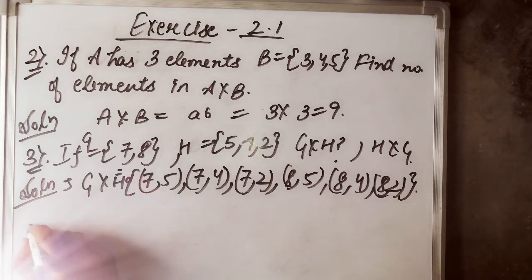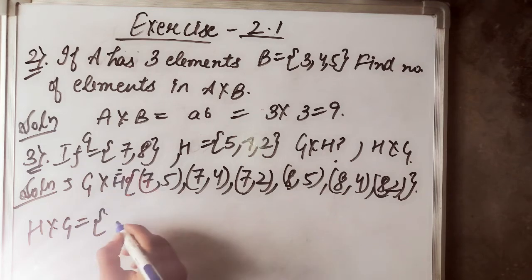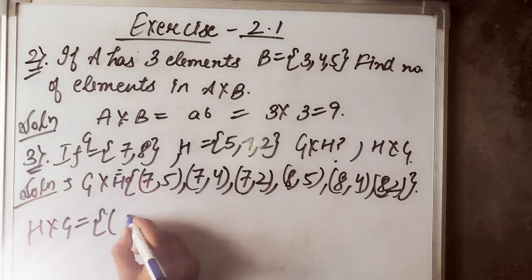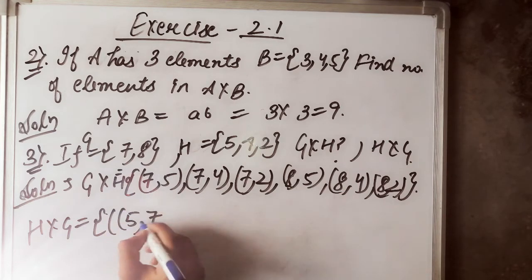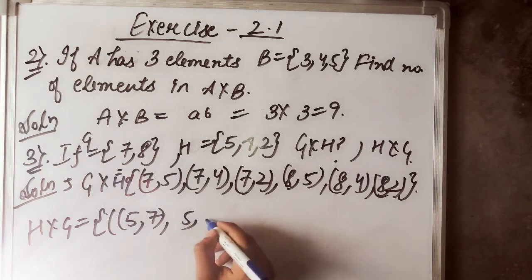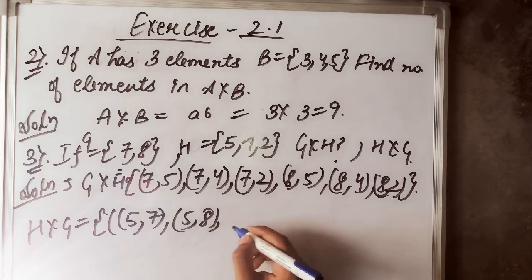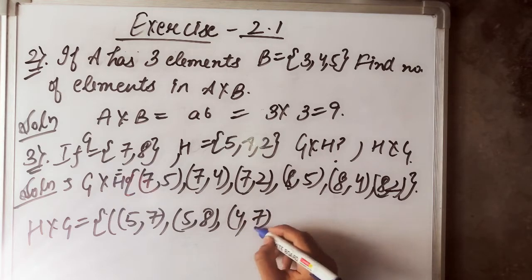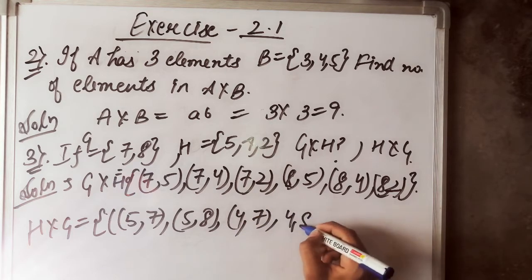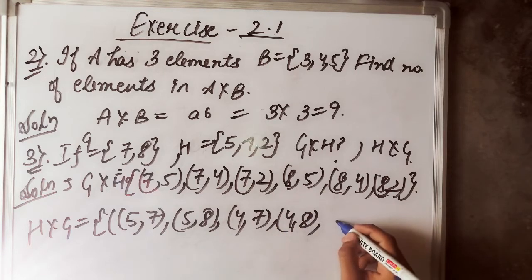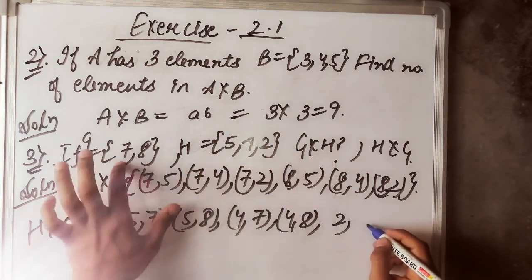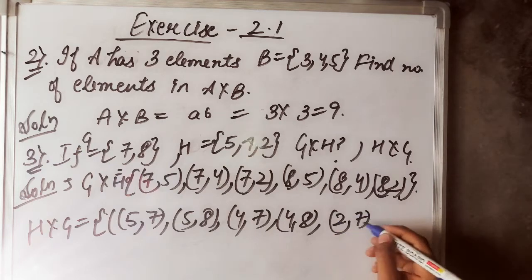Okay, now it's time to find out H cross G equals 5 7, 5 8, 4 7, 4 8, 2 7 and 2 8.